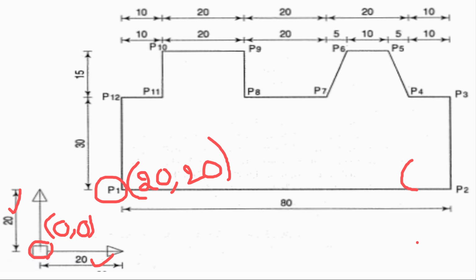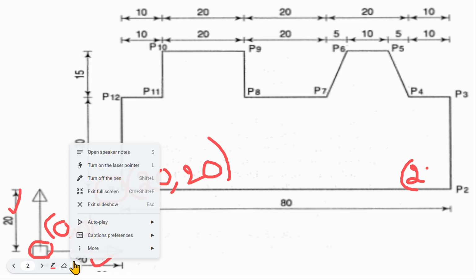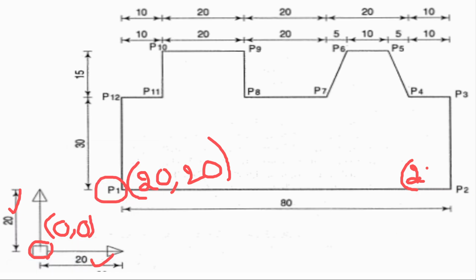Now the point 2 coordinates are, if we see, the distance between P1 to P2 is 80, and from P1 to origin is 20. So the x distance from the origin to P2 is nothing but 80 plus 20, that is 100.